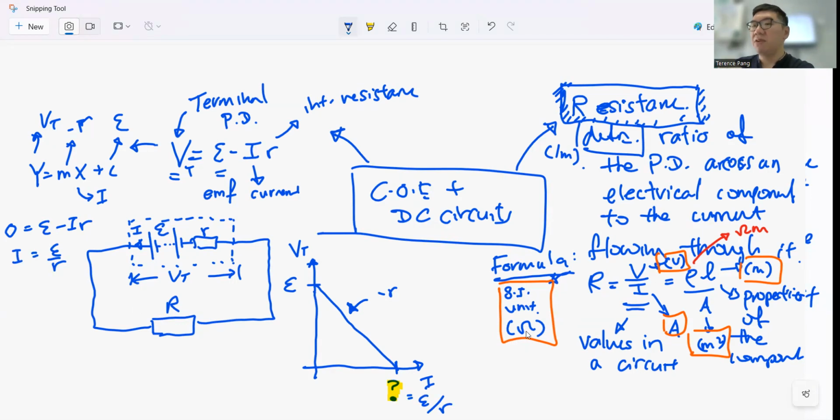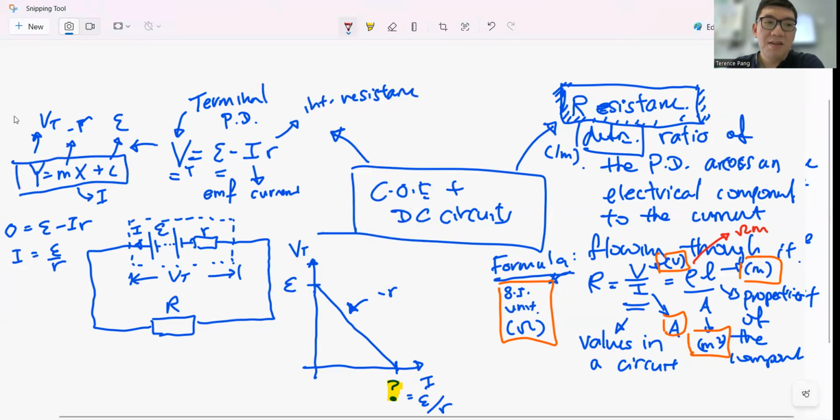So why am I going through this review? Could be a question that comes out. They give you a graph and you're asked to find certain things from the graph. So you have to know what each of the values mean and the concept behind it. Where did we learn linear law from? What is this topic under? It's under your O-level A-maths.